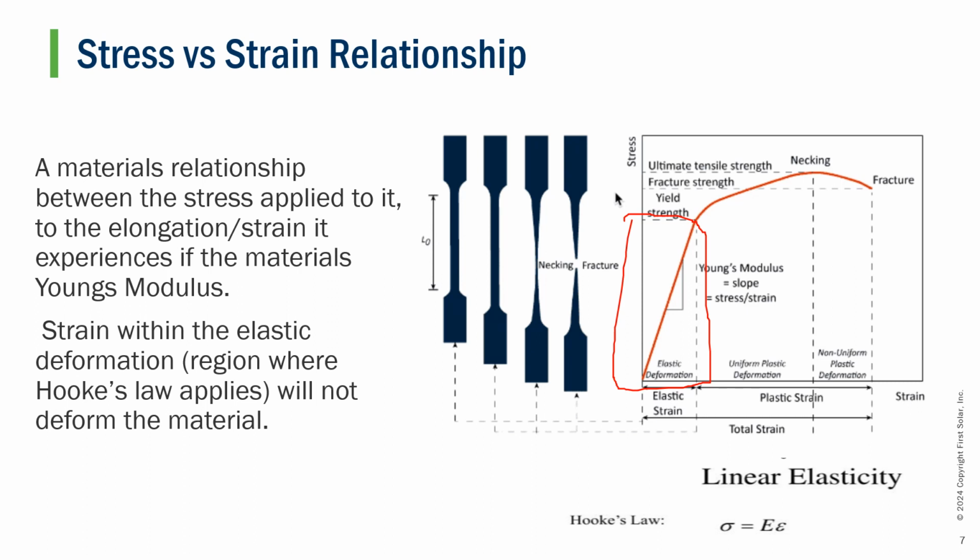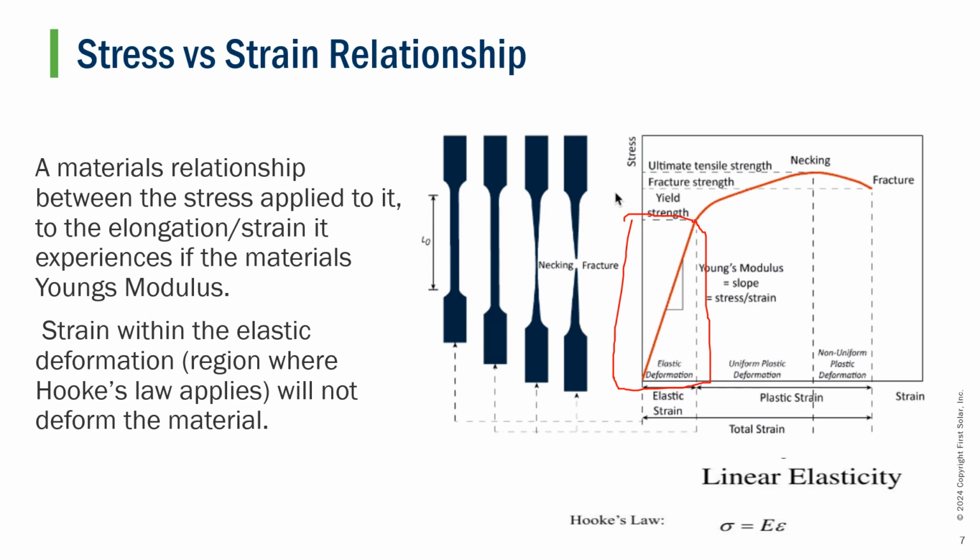Otherwise, we see that this linear relation breaks down within the uniform plastic deformation and the non-uniform plastic deformation zones. And essentially your part will not come back to its initial length. It'll be permanently deformed, and there will be some sort of offset in the initial length of the member.